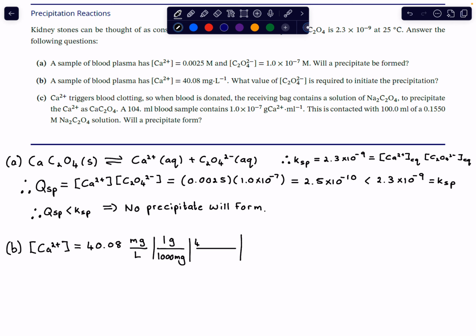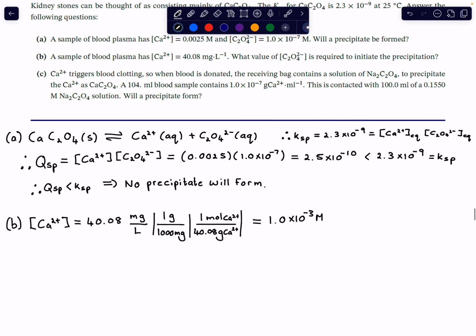So there's 40.08 gram calcium 2+ in 1 mole of calcium 2+. And this gives me a value of 1.0 times 10 to the -3 molar.